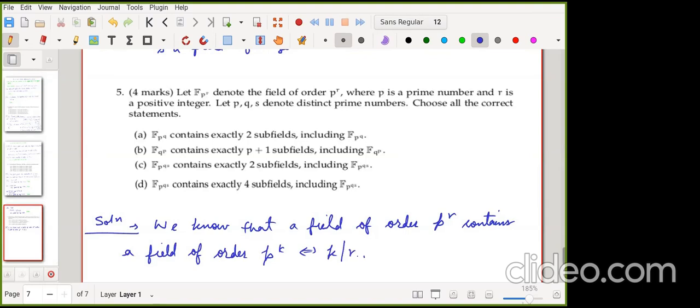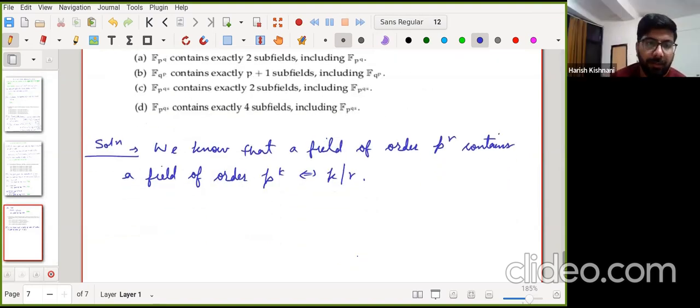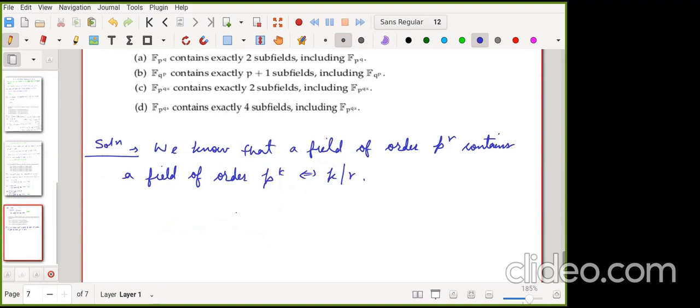Okay. So by this, what can you say about the first part? 1 and q are the only two numbers dividing q. Yes.